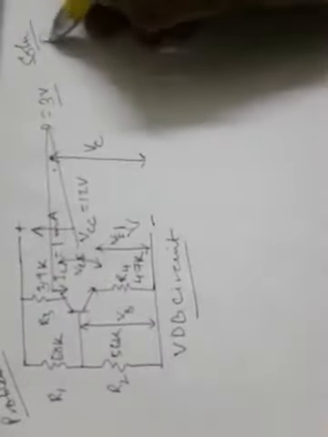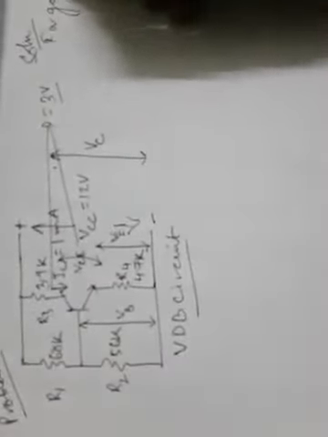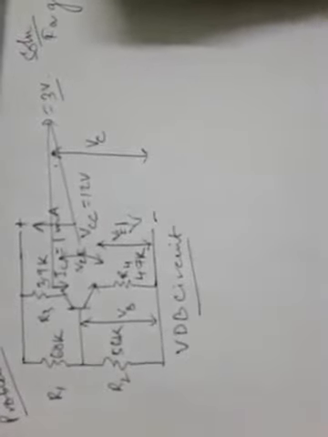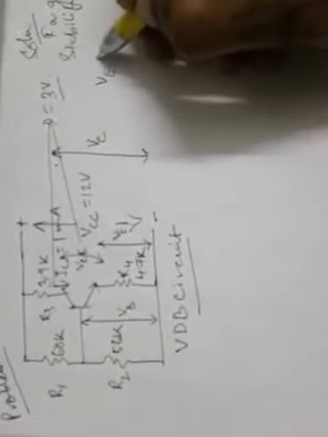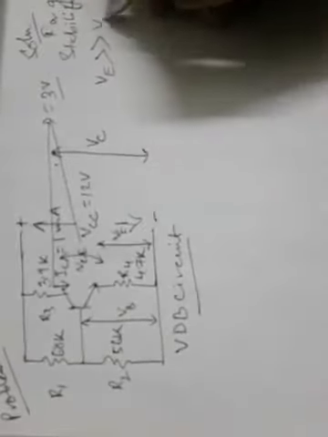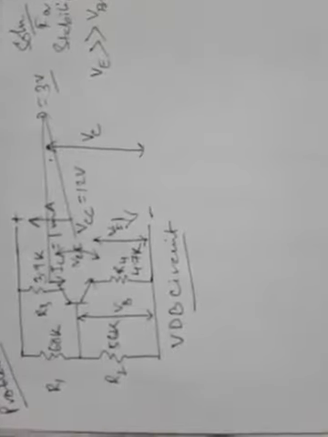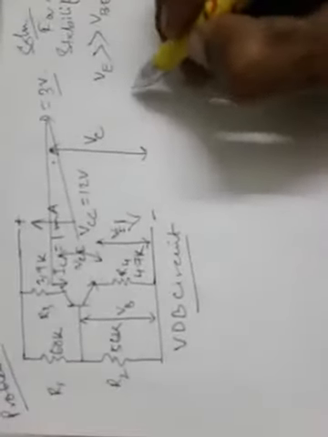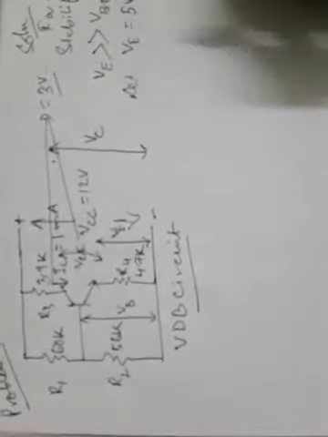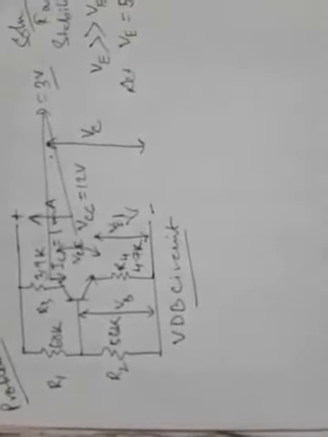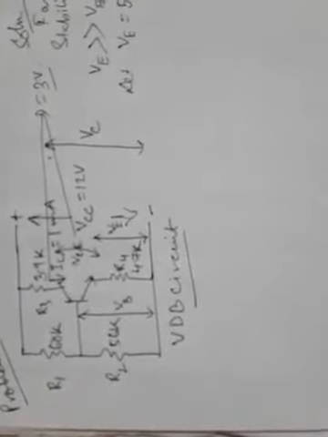For good bias stability, that means to get a very stable Q point, what should be the condition? VE should be far greater than VBE. Let VE be equal to 5 volt.